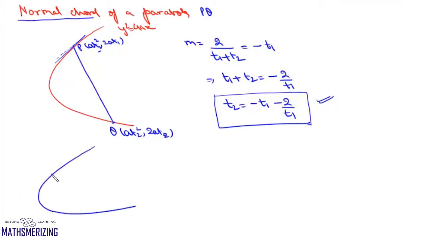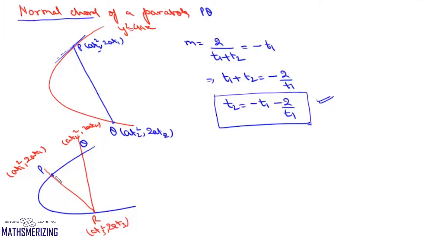Suppose we have 2 points P and Q, and it says the normal drawn at P and the normal drawn at Q intersect on the parabola. Then we need to find the relation between their parameters. Suppose P is (at1², 2at1) and Q is (at2², 2at2), and suppose this is point R, which is (at3², 2at3).